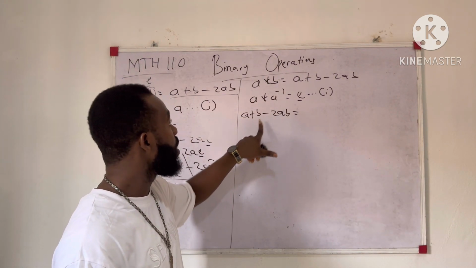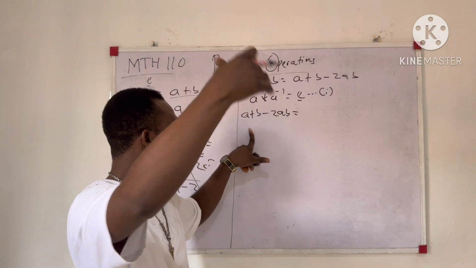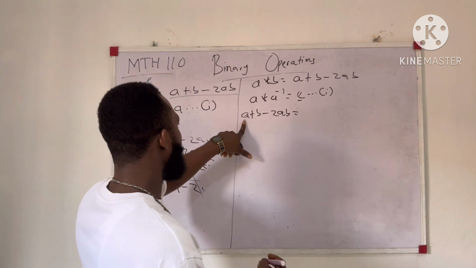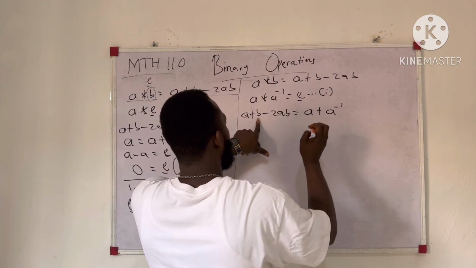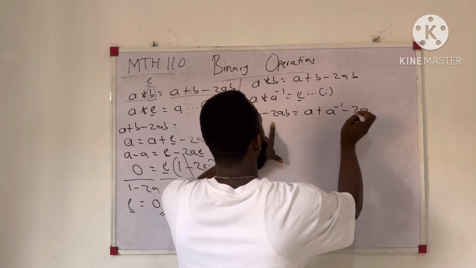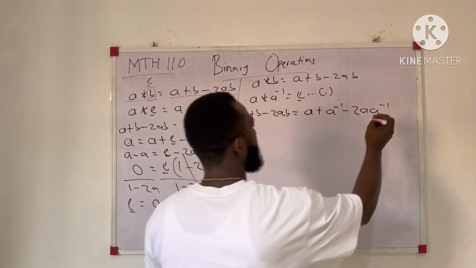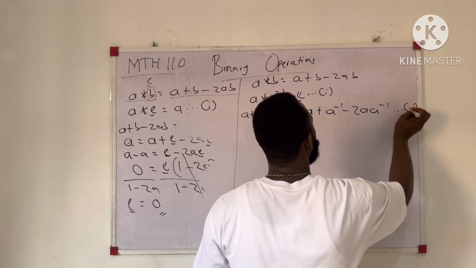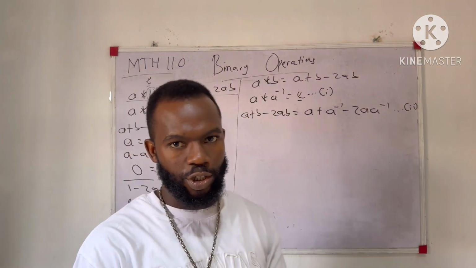Here becomes A plus A inverse minus 2A times A inverse. You call this equation 2.